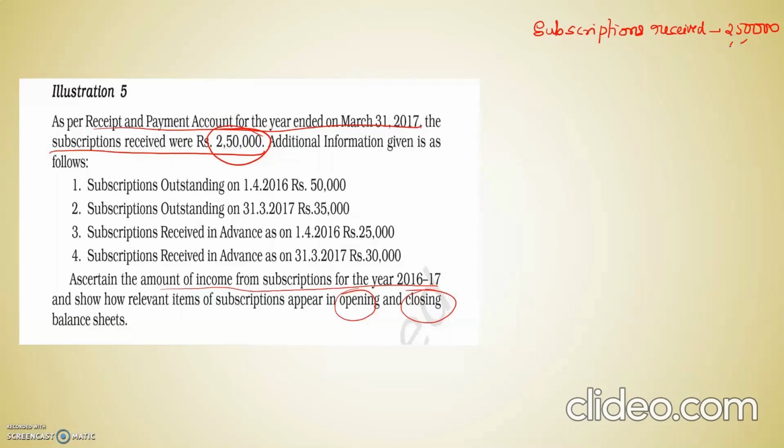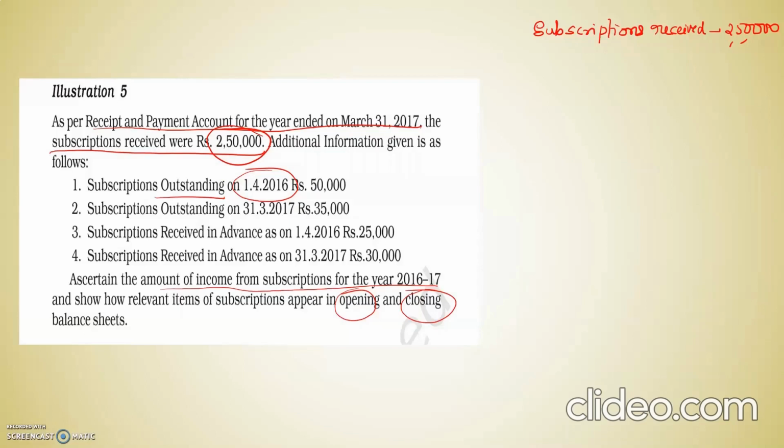Coming to first adjustment, subscription outstanding due not received on 1/4/2016. 1/4/2016 is the opening date. On opening date, outstanding means last year closing date outstanding. So last year outstanding means that belongs to last year.